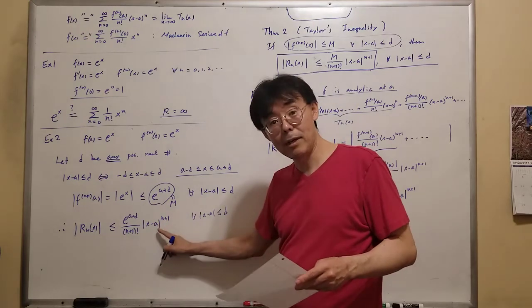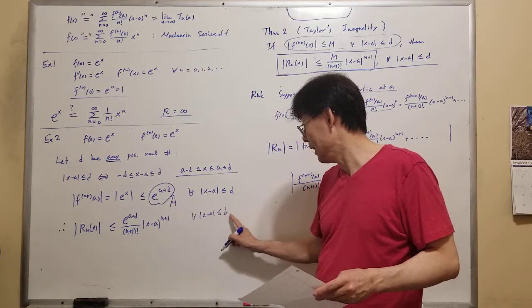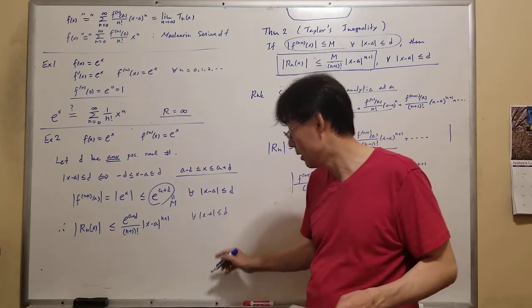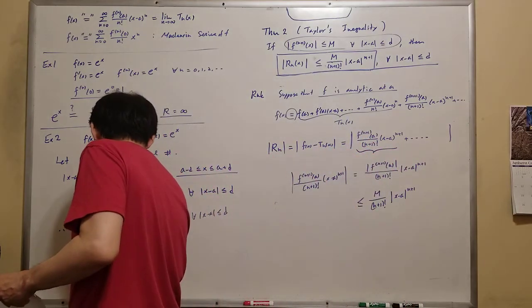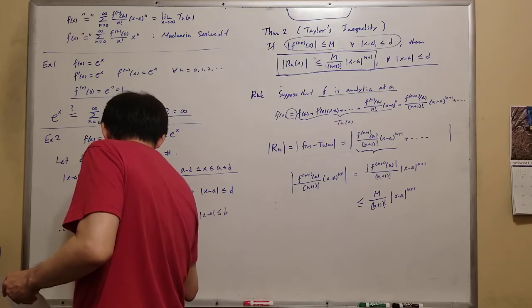Well, this absolute value of x minus a to the n plus 1 is less than or equal to d to the n plus 1, the largest possible case when it is exactly d. So this is e to the a plus d, d to the n plus 1 over n plus 1 factorial.